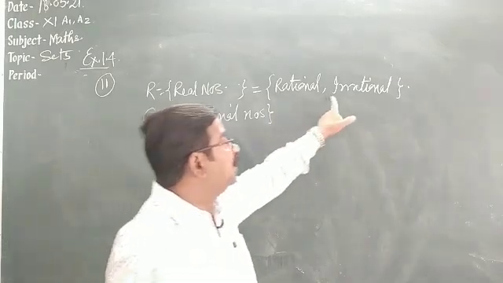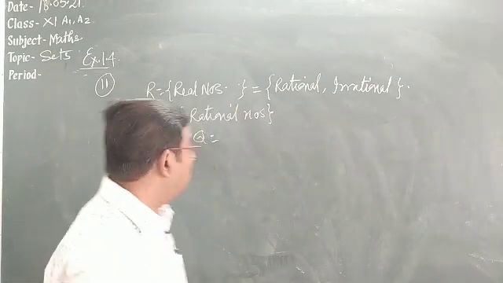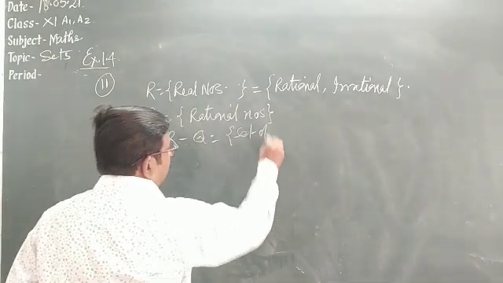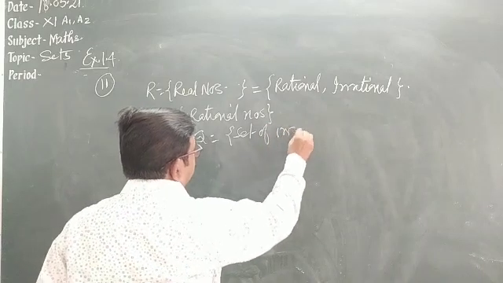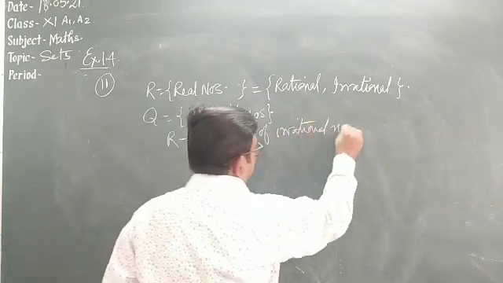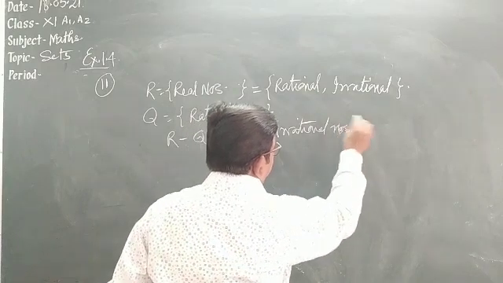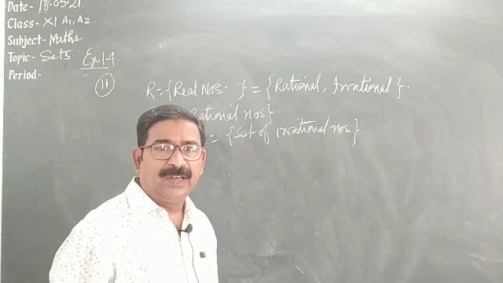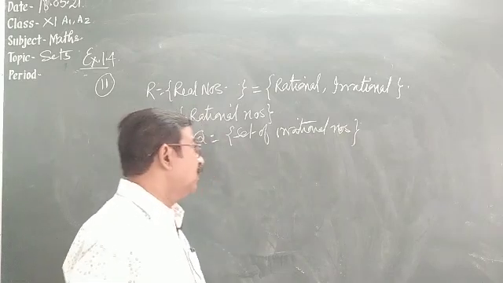We see that all irrational numbers are not found. So R minus Q is the set of irrational numbers. So this is the answer of the question. Can you write? All right.